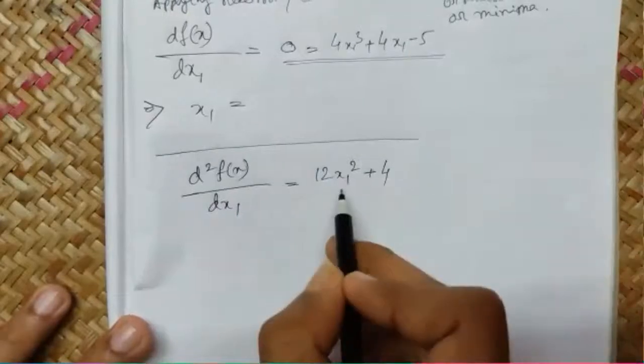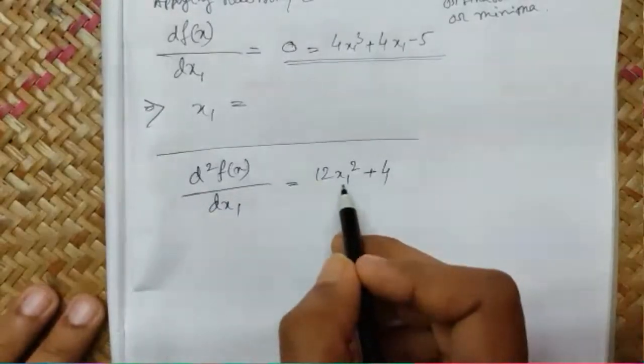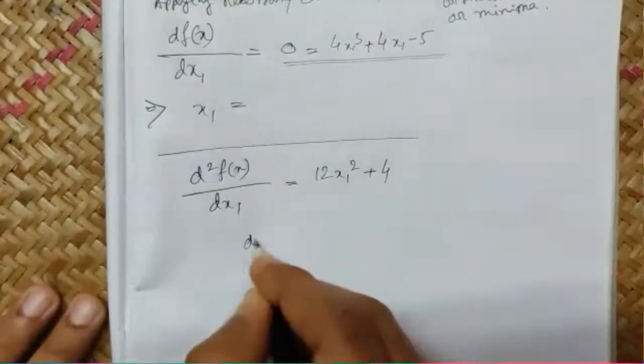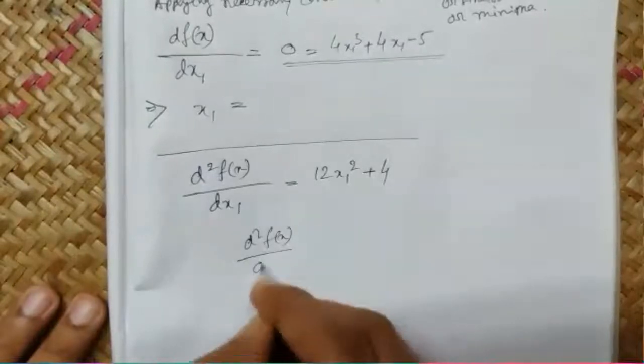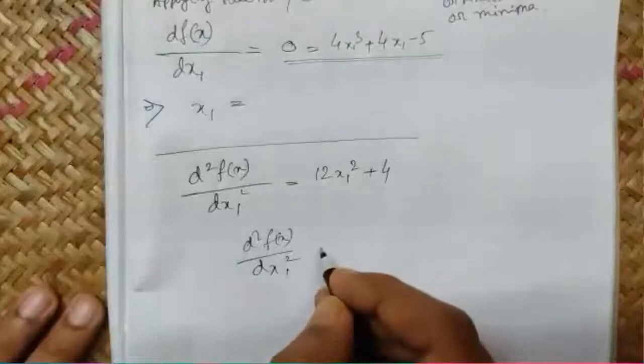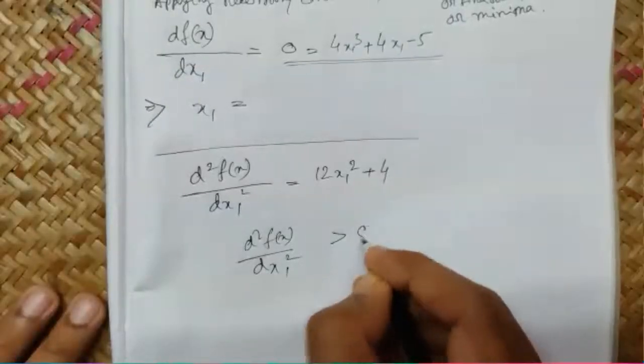Of course this depends on x1 square. So under any value of x1, this d2fx dx1 2 term will be greater than 0.